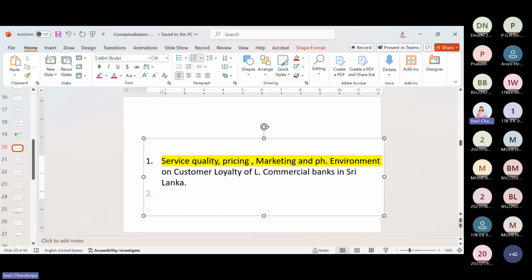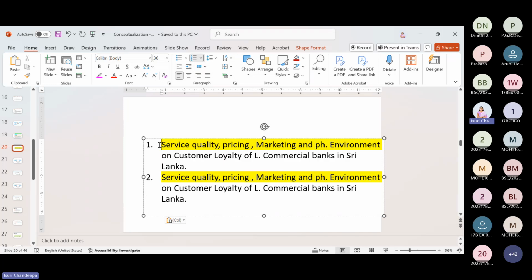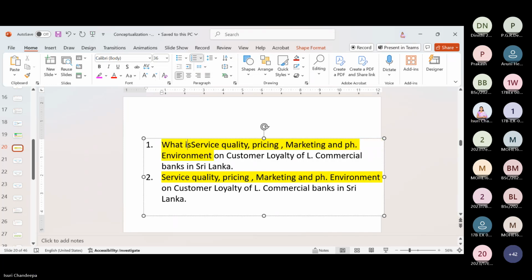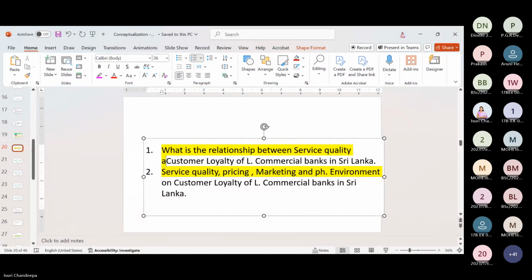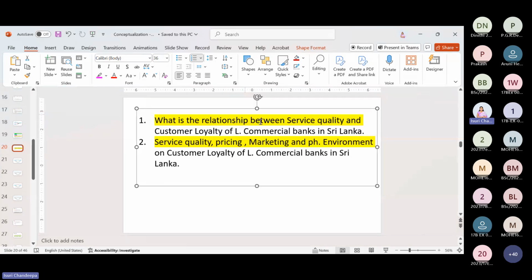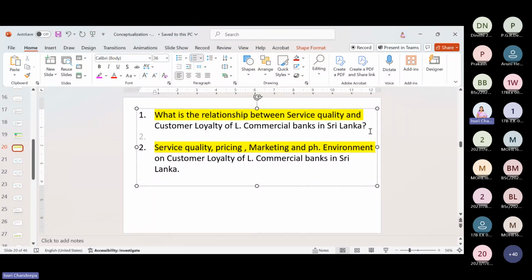The first question, right? What is the relationship between service quality and customer loyalty of the listed commercial banks in Sri Lanka? This is the question. Or else you can develop it like this also.